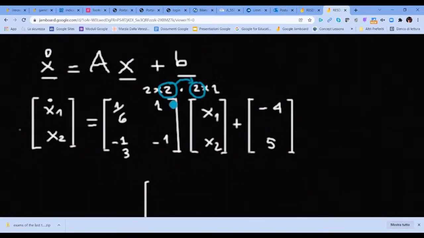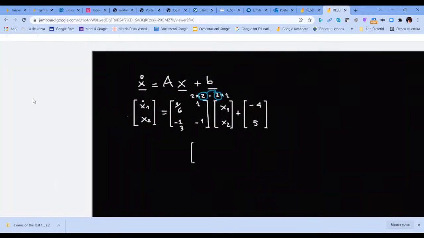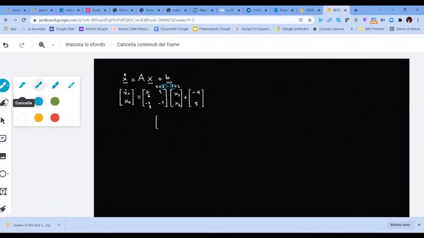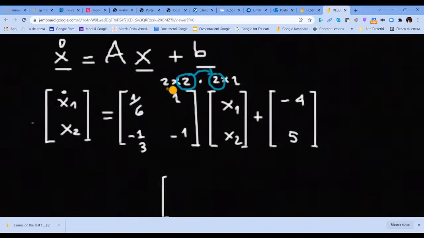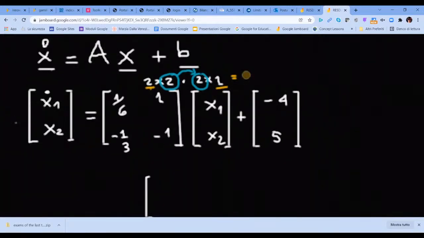The result will be a new matrix where the number of the rows is the first number, and the number of the columns will be 1. So the result will be a new matrix that is 2 by 1.